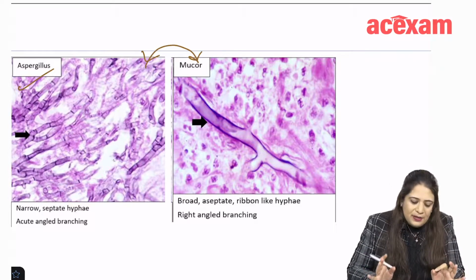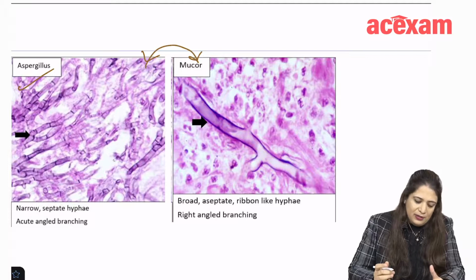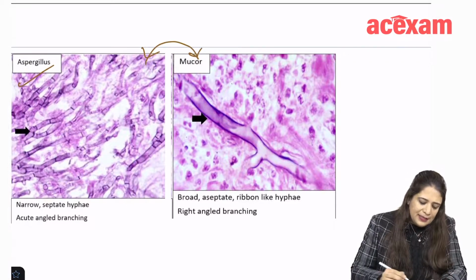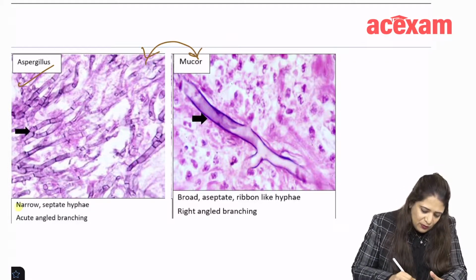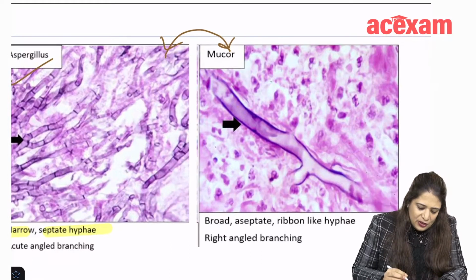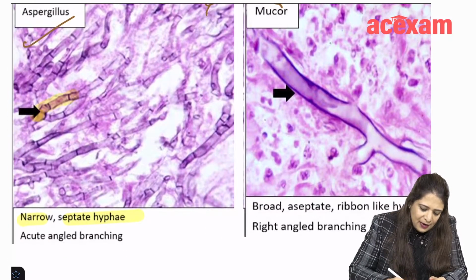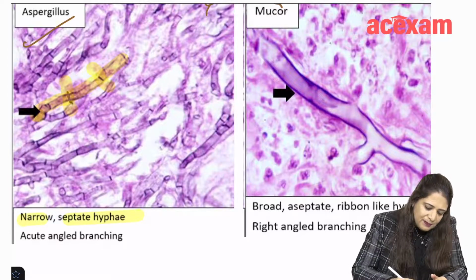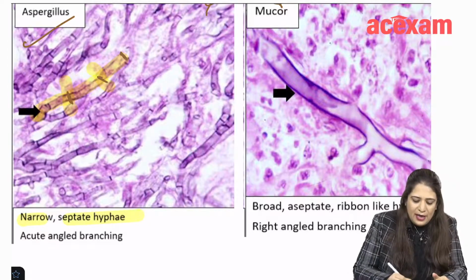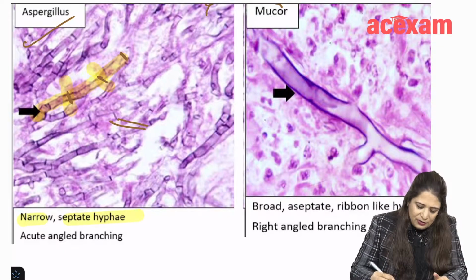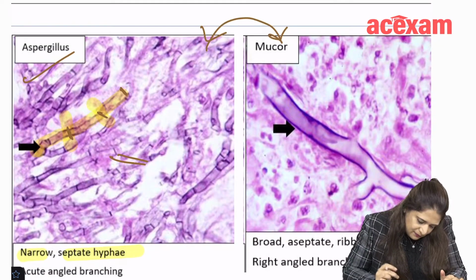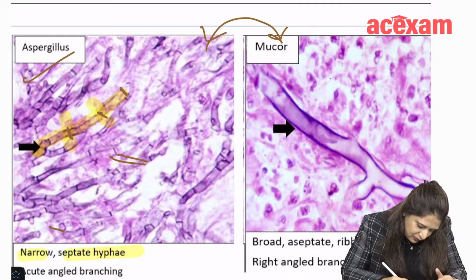The aspergillus organism tends to form narrow and septate hyphae. If you look, these are narrow hyphae which have these septations, right? You can see these septations, right? And they have acute angled branching. If you look, is it showing some branching? Okay, so this Y-shaped branching is being seen here.